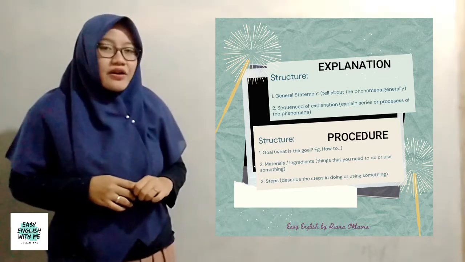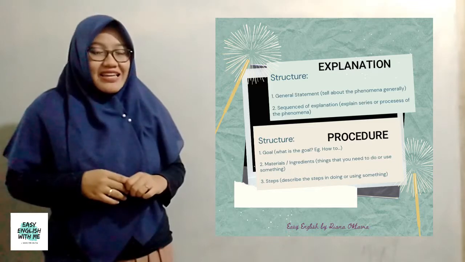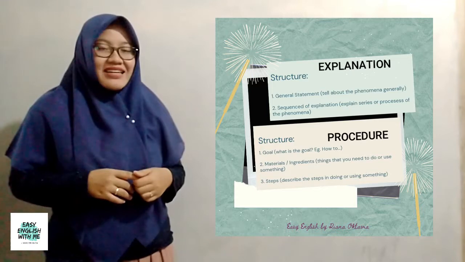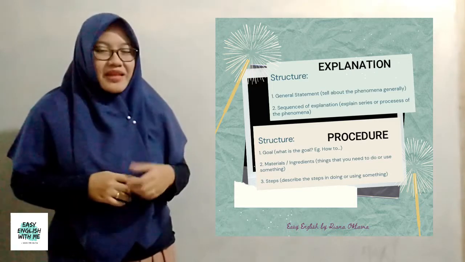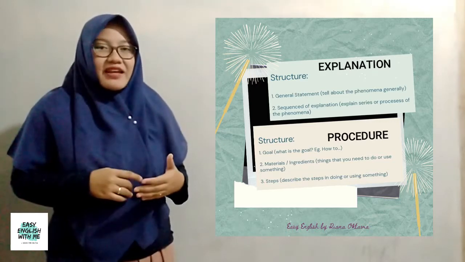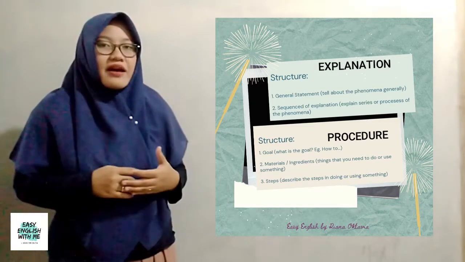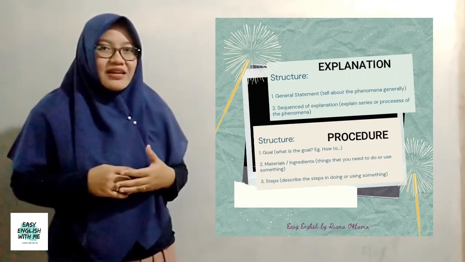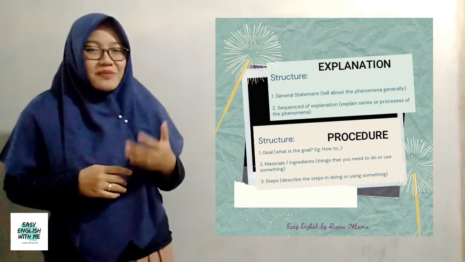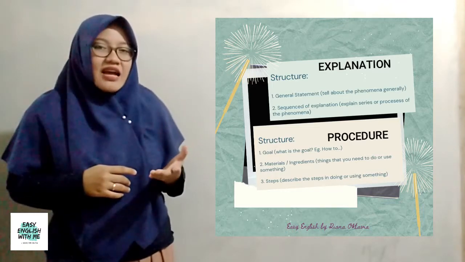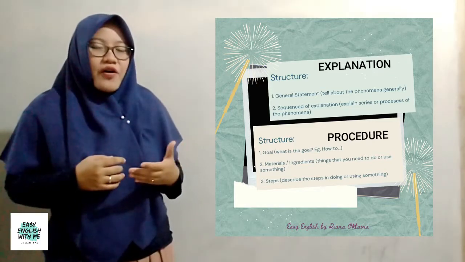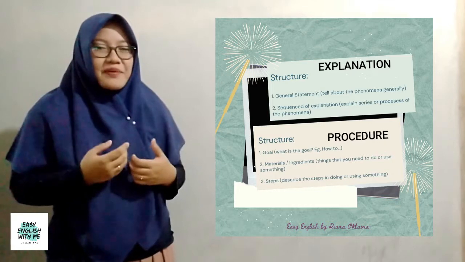Okay, the structure of explanation text is general statement, and the second one is sequence of explanation. So, general statement explain or tell about the phenomena or the event generally, and the second one is sequence of explanation, means the series or processes of the phenomena or the event that happen.